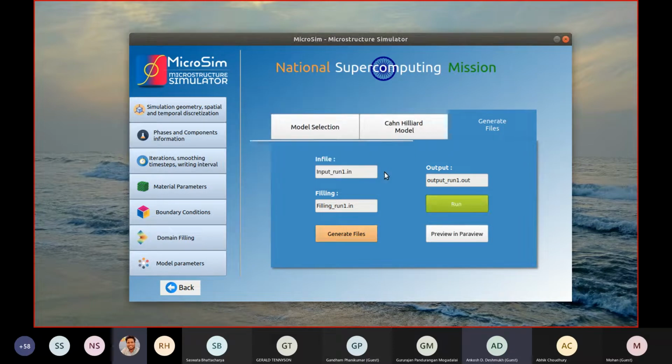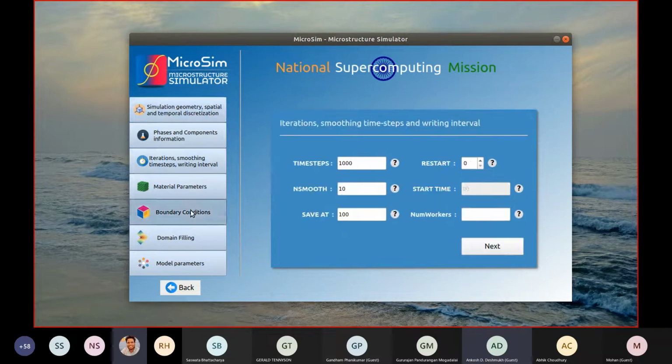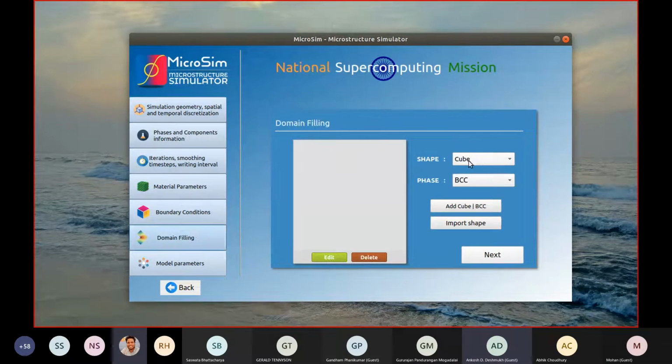Okay, so this is asking for filling, because this is one step which we cannot skip over here. Though we are using a spinodal where we want uniform filling, here we can give the user the option to import the initial microstructure, which can be a random microstructure, or which can be generated through other statistical tools for the initial phase of the microstructure.